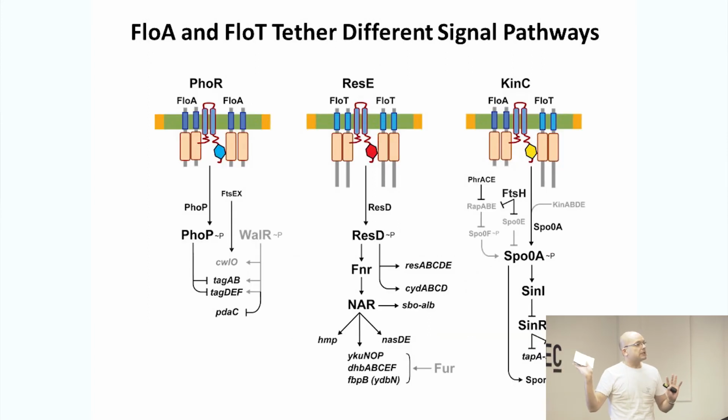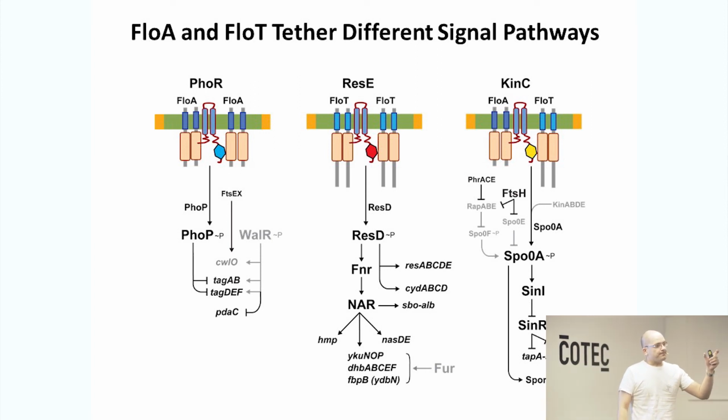So this is the last slide to show you what we think right now. We have two flotillins in Bacillus subtilis. They attract different interaction partners. One is constitutively expressed, the other one is activated by quorum sensing. We know the signatures that bring proteins to the Rafts.